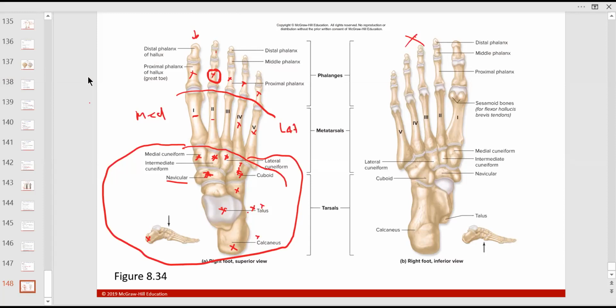And then you have middle phalanges in number 2, 3, 4, and 5. There's not a middle phalange on number 1. So you just have the distal phalange of digit number 1, or hallux, you could say. And then you have the distal phalange of digits number 2, 3, 4, and 5. Okay?